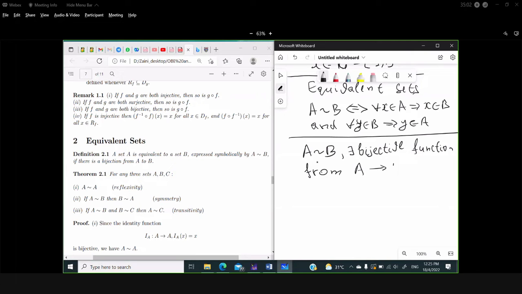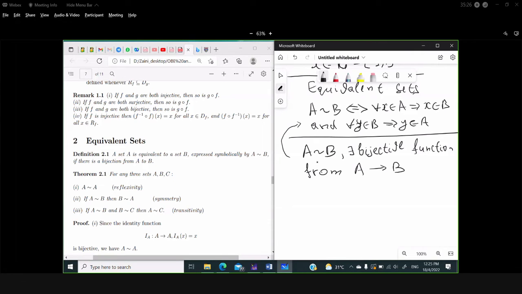So here you see, the bijective function is important. If we are able to find a bijective function for given sets A and B, then we say these two sets are equivalent. Actually, this equivalence is equal to that definition as well.